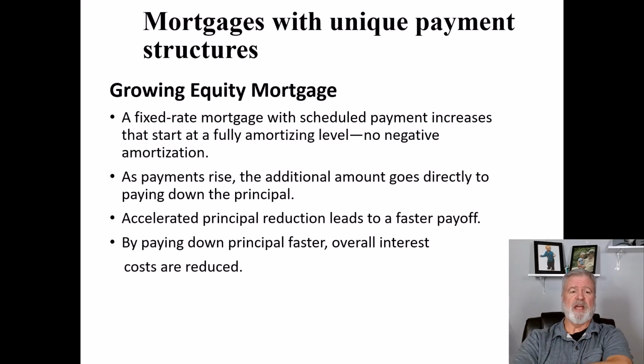But again, your payment will begin to increase. There's no negative amortization. In other words, you're still paying all your interest, but you still have an increased payment. It keeps going up over time. And the reason you might consider this is because it helps pay the loan off earlier.